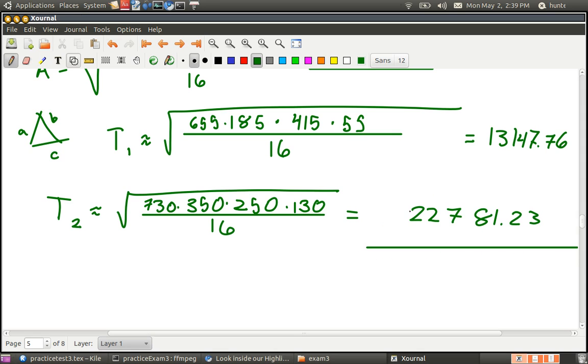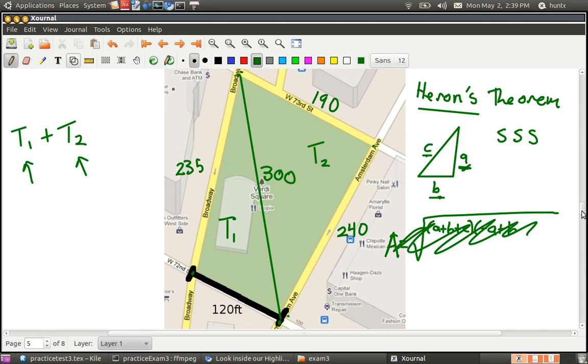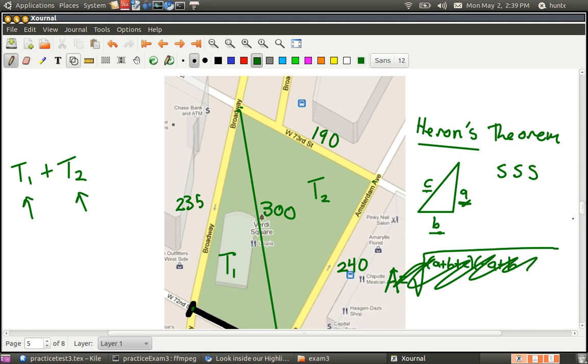And when you add these two things together, you get the answer, which is 35,928.99 square feet. So that is the approximate square footage of Verdi Square, where there is the Utopia Diner and looks like an Urban Outfitters next door. And that's the end of the question.